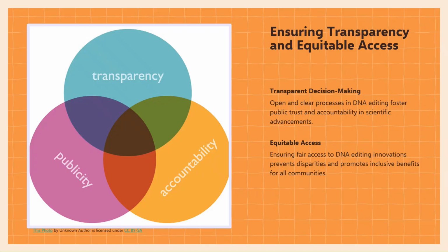Transparent decision making and efforts to provide fair access can build public trust and prevent disparities in who benefits from DNA innovation, especially because this is a new technology. Any kind of marketable procedure would be very expensive, which would limit the amount of people and the kind of people who will be able to access this technology.